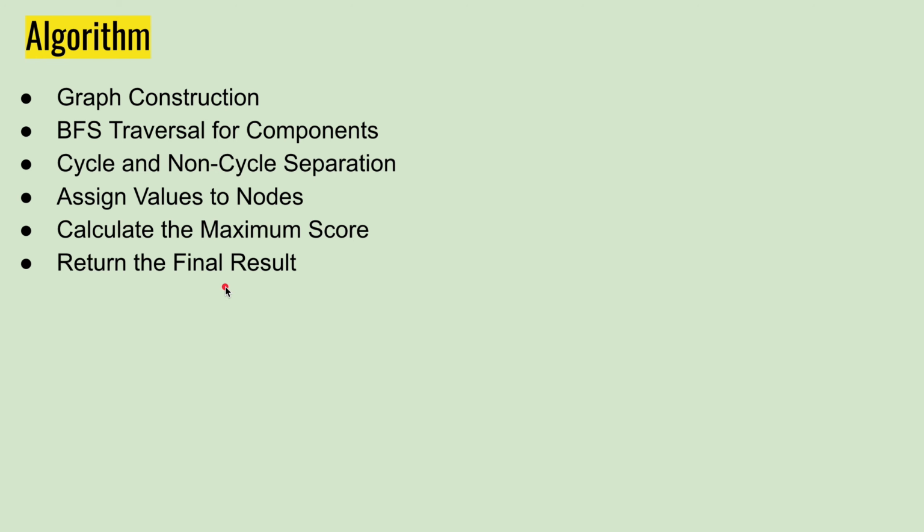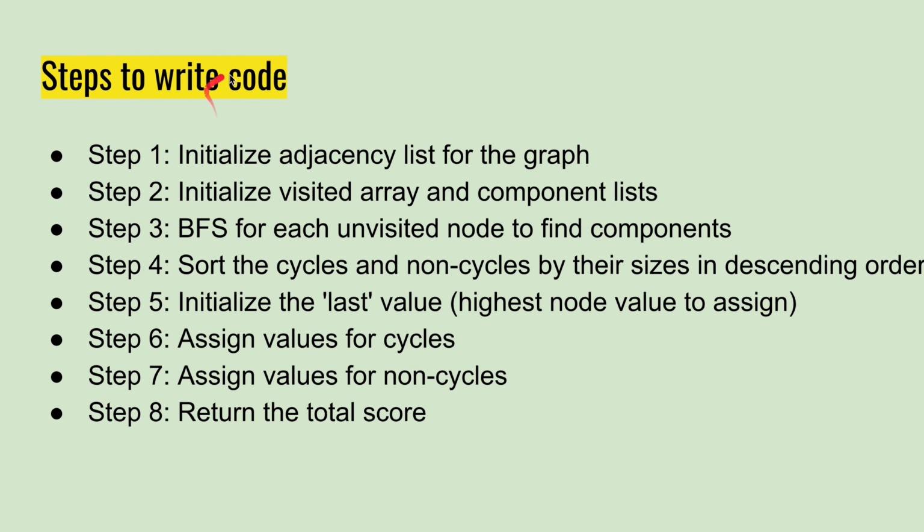Okay. After this we'll write the pseudocode and I'll show you how to implement it. In the first step, we will create an adjacency list for the graph, then initialize a visited array and the component list, then do BFS for each unvisited node to find the components. We'll sort the cycle and non-cycle components by their size in descending order.